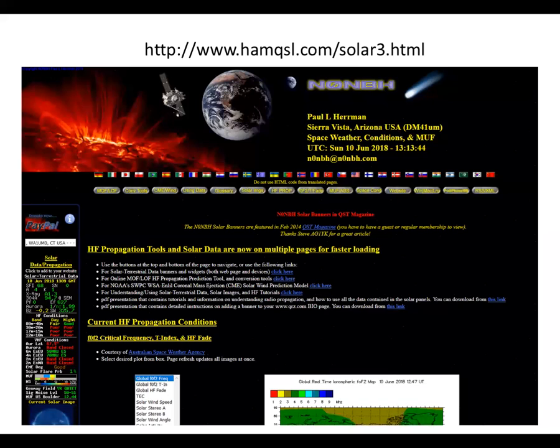It'll give you, for example, the date and the time, the solar flux index. That's a reading that generally tells you how active the sun is to a degree. The A value we looked at, the K value.